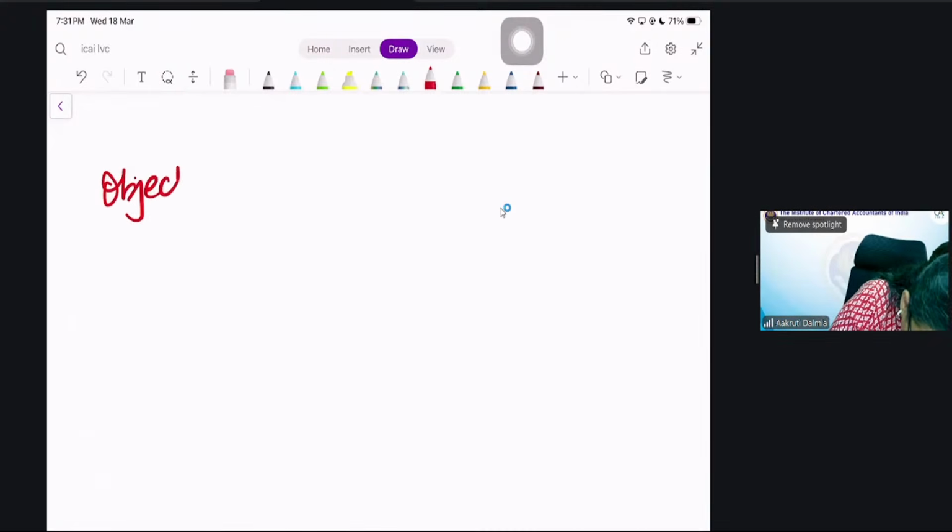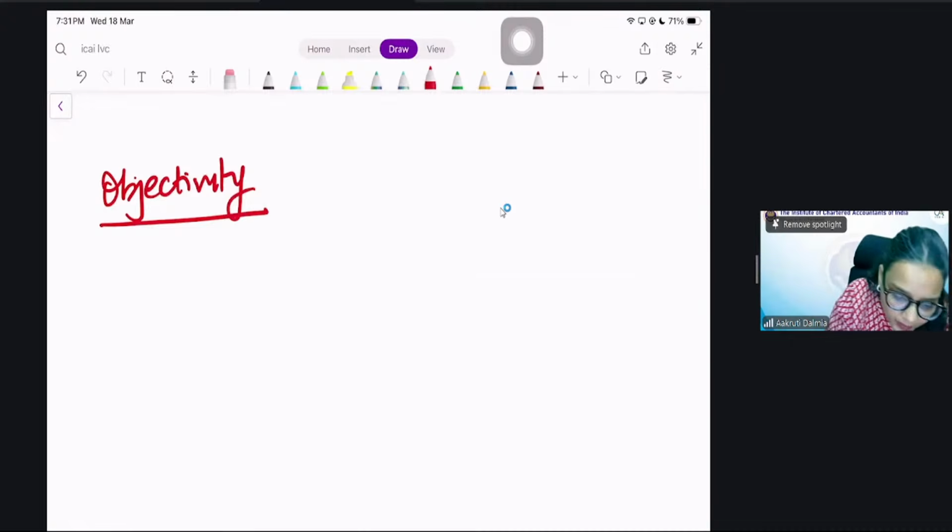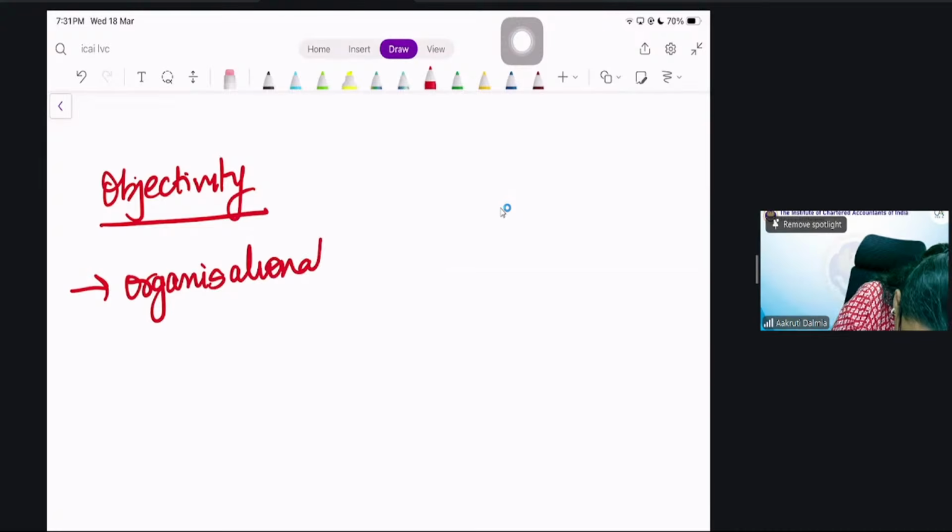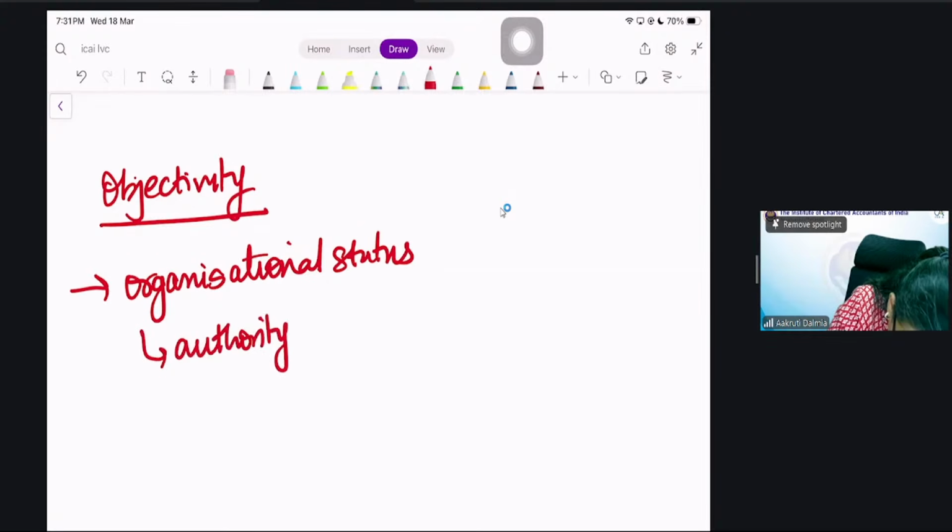Objectivity. How to check objectivity? First, you have to check organizational status, which means how much authority does Nikunj have and how much accountability does Nikunj have.